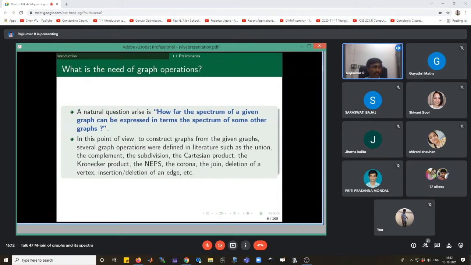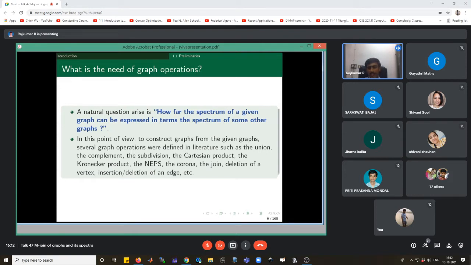I think more than 50 different types of these corona and join type graph operations have been defined up to now. What we are going to show is a new type of graph operation known as M-join and M-generalized corona.